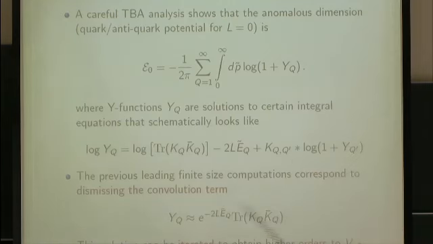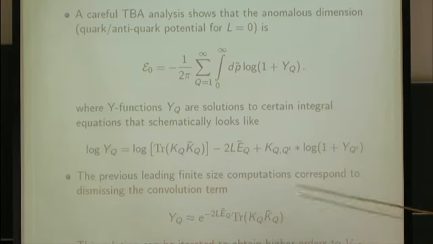So what we were doing before, the Lüscher correction that leads to this when you have a pole, or to this when you don't, is just approximating the exact solution of this TBA equation by this. This is what you will get if you just dismiss the convolution term, which is what we were doing, dismissing that we had to consider superposition with scattering factor if you wanted to do it correctly.